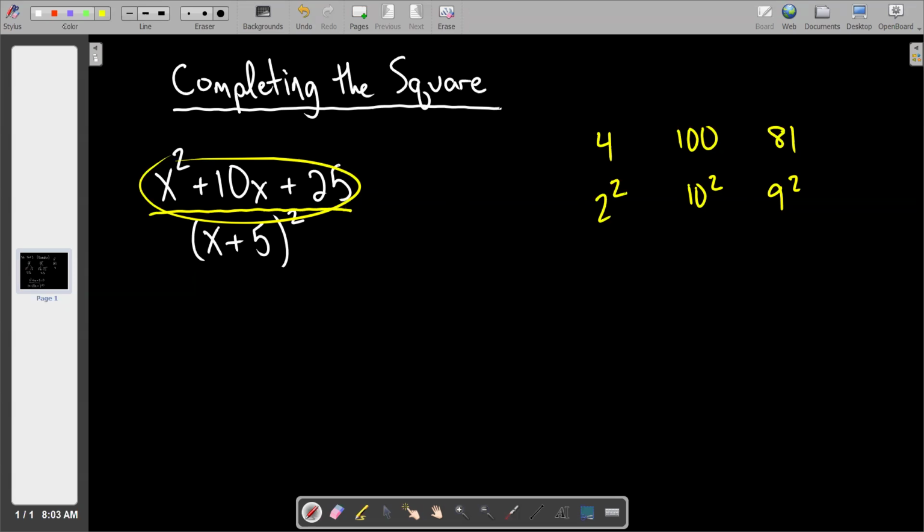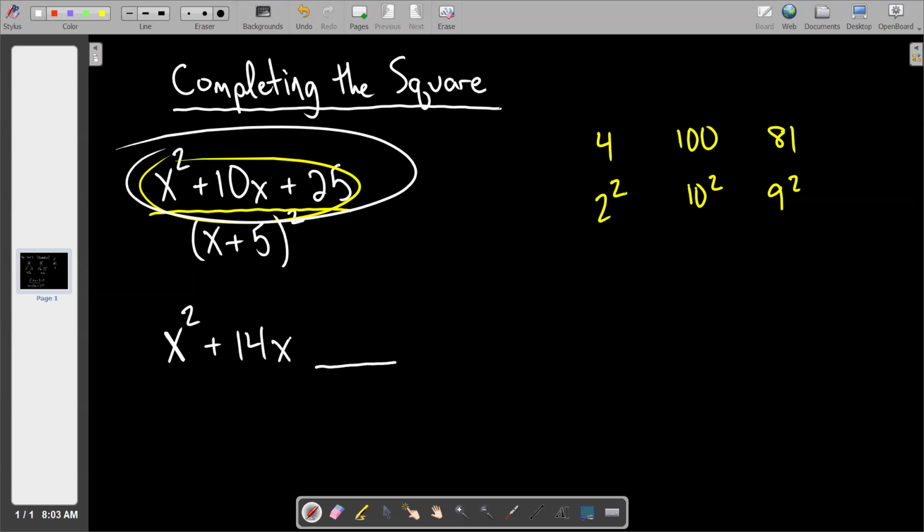And so we want to think about polynomials that look like this, and how we can make something look like that if it doesn't. So if I gave you something like this, and then I put a blank here, and I ask you to put a number there that would turn this into a square.